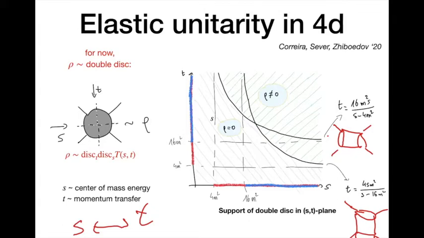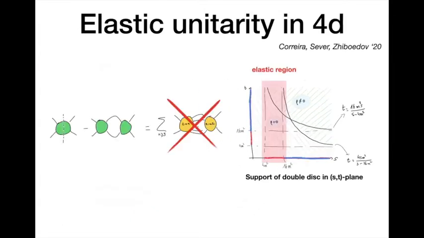And for elastic unitarity, in the elastic region, the statement is going to be that this guy, like I said before, vanishes. So it's in this region between 4 and 16, you only have the 2-to-2 amplitude that will contribute.